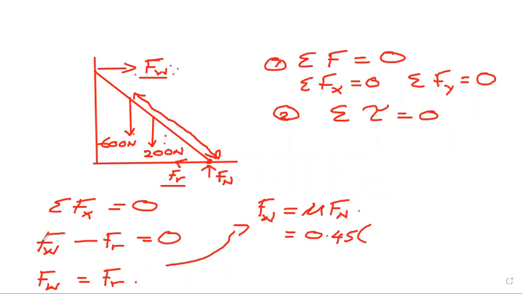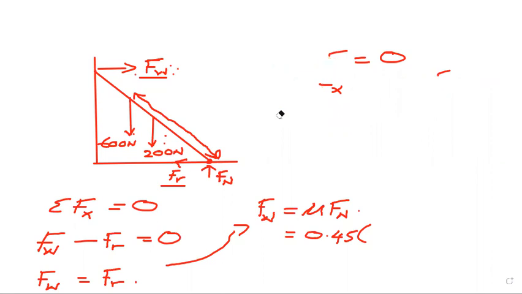Now, for us to get the normal force, we need to sum the forces along the Y. I will raise this top part so that we relate with what we are talking about. So we summed the forces along the X, and we found that the only forces acting along the X are the wall force and this frictional force.